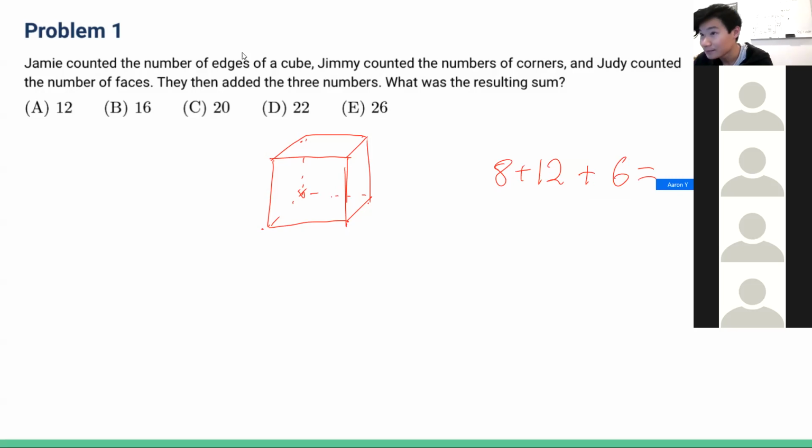So after we add that up, we get 26. So that one was pretty simple. There's certain things that you can memorize, for example, what a cube looks like, the amount of faces, the amount of edges, but it's not necessary. If you ever find yourself in need of a diagram, you can always just draw one because a cube is pretty simple, right?